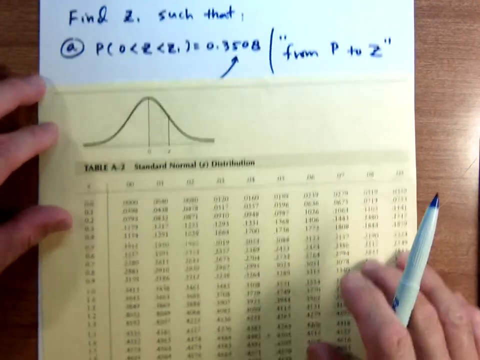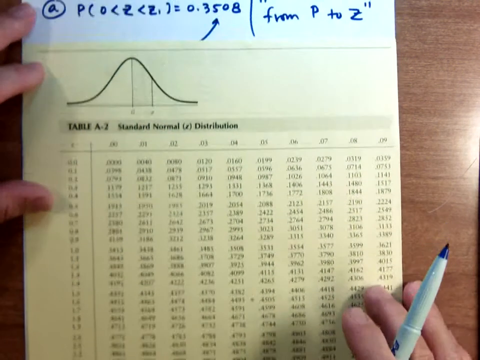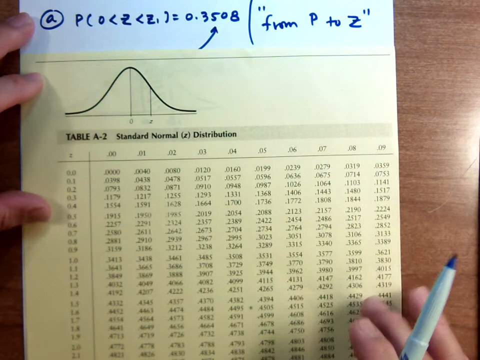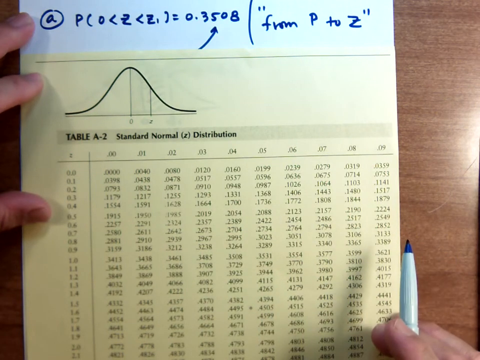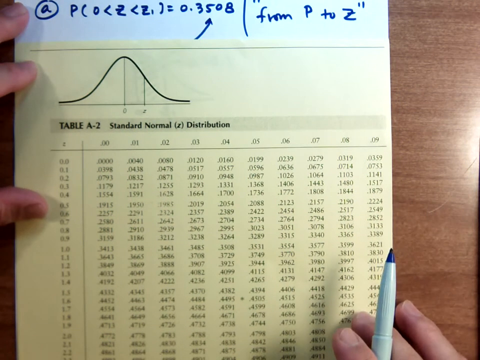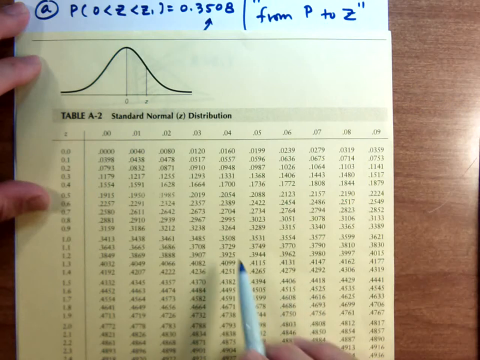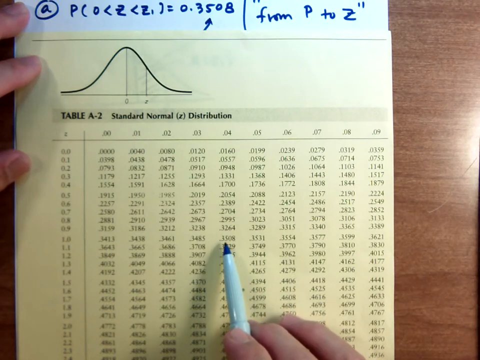Amongst this many p-values, percent values, look for 0.3508. And where is 0.3508? I see that right here, 0.3508.